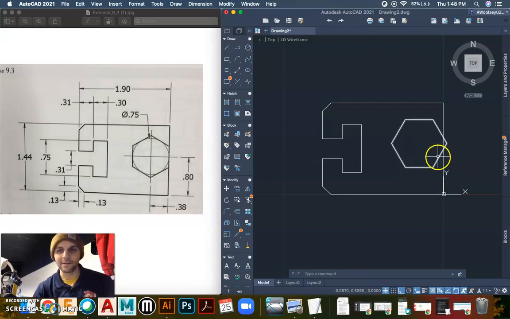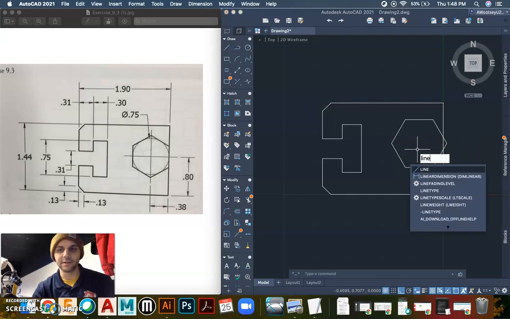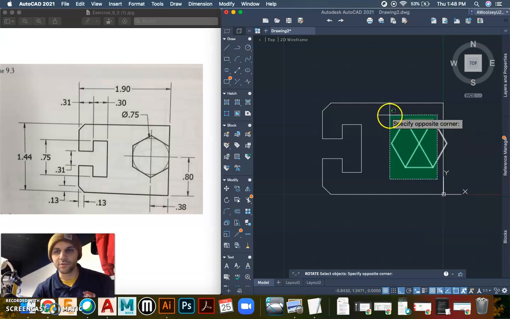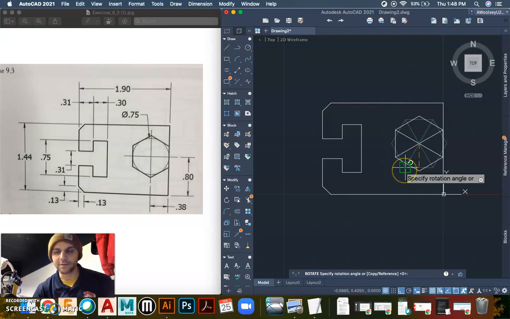It turned it, so I'm going to need to rotate this to fix it up a little bit. To find the center, I can draw a line from one corner to another, and one corner to another. Now I have a nice little X. I will type in rotate, choose my shape here, press enter, choose the midpoint or center point, and then rotate this around.